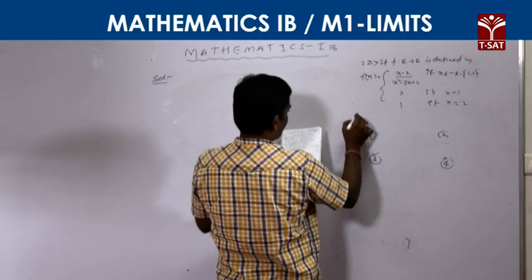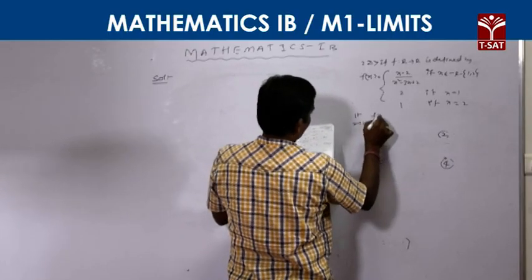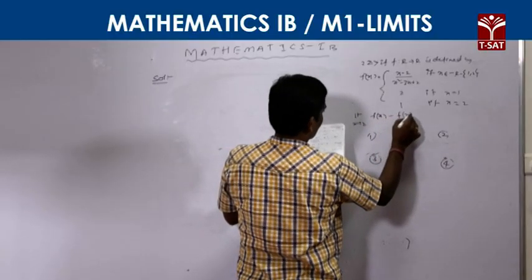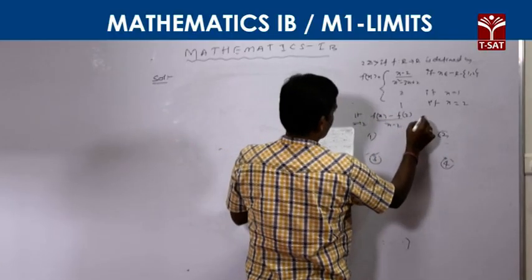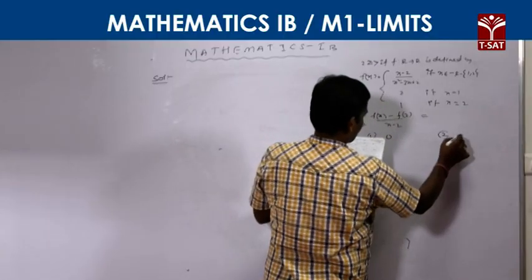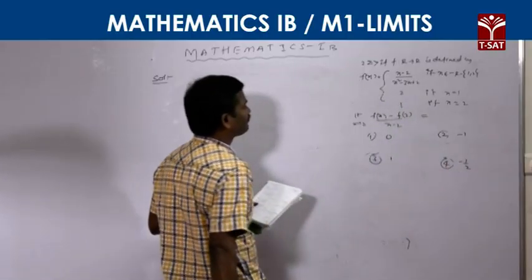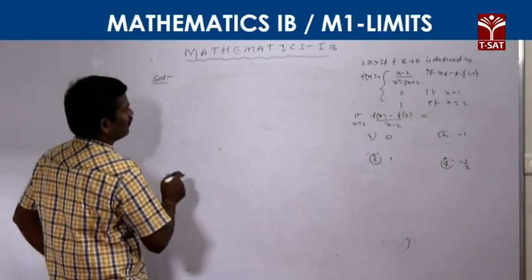Then limit x tends to 2, (f of x minus f of 2) by (x minus 2), we need to find. Options are 0, minus 1, 1, minus 1 by 2.